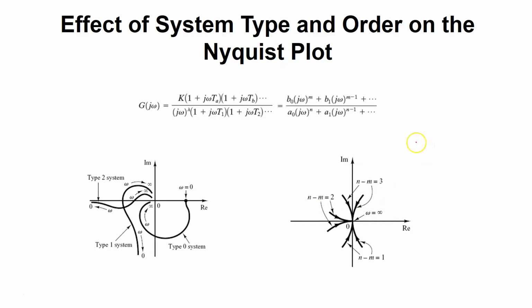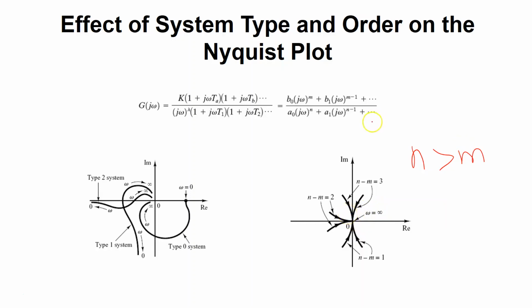Here we assume that n is bigger than m, so the system is causal. If n minus m is equal to 1, 2, or 3, regardless, as omega goes to infinity, the system always converges to the origin. And that is clear from the definition, right?